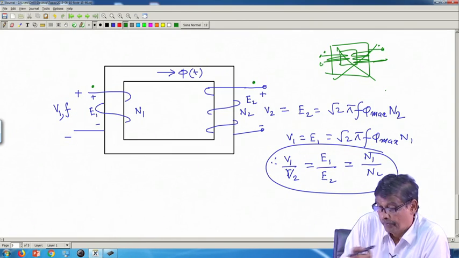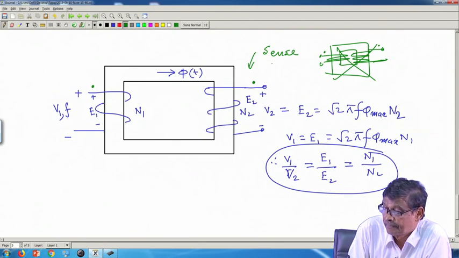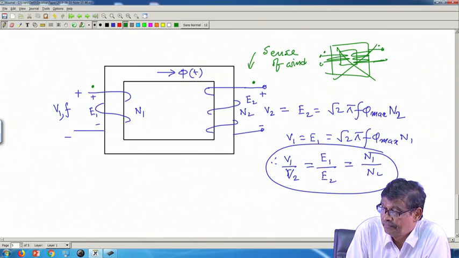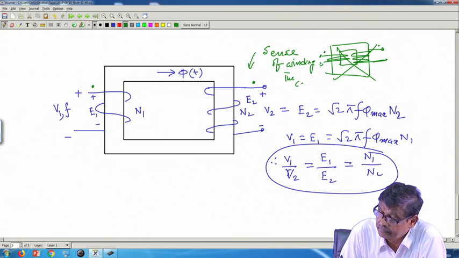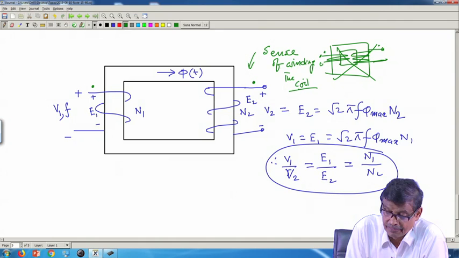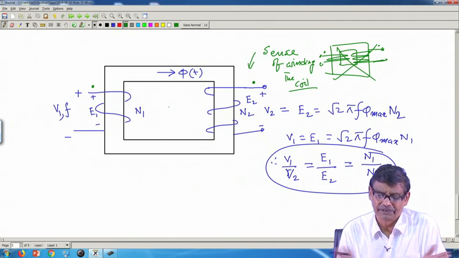That you can only do provided you know the sense of winding of the coil. If that is meticulously shown, then you can figure it out.